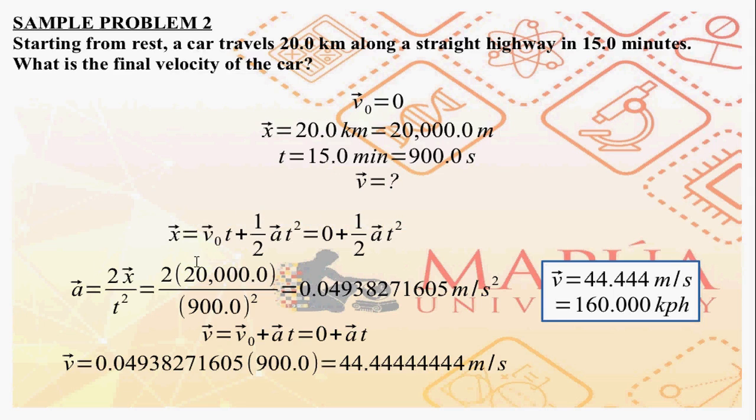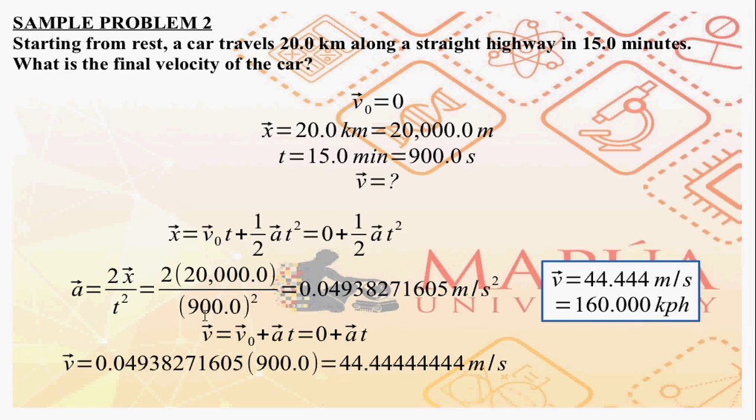Initial velocity is 0, so we can cancel out v₀. x is just equal to 1/2 at². We know x, we know time t, and the only unknown is a. We can isolate a: a = 2x/t².